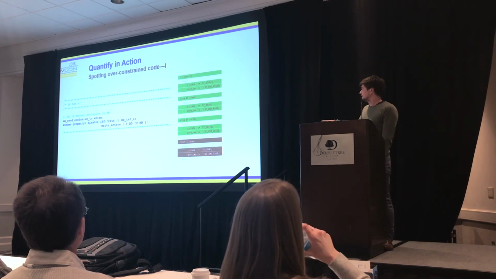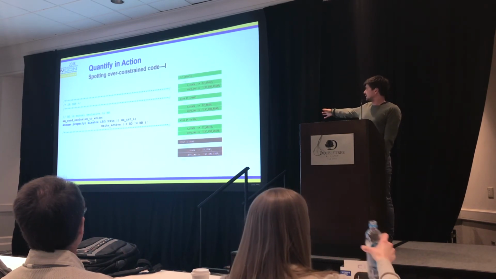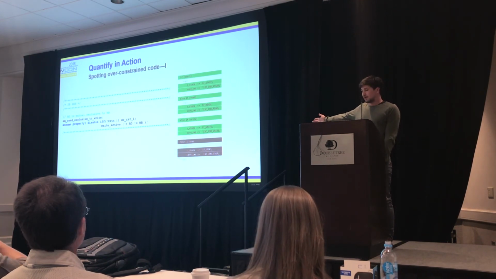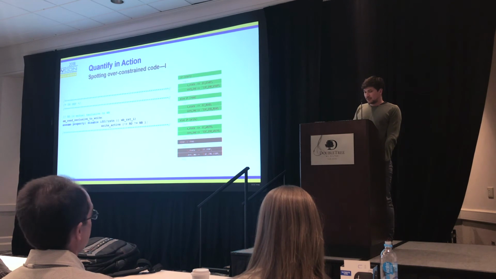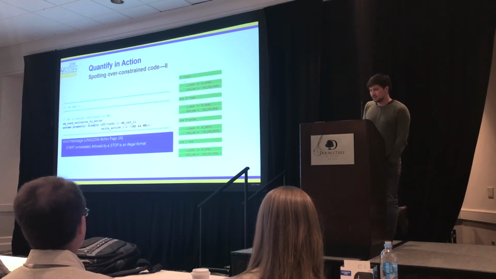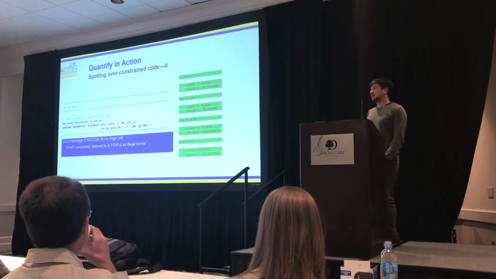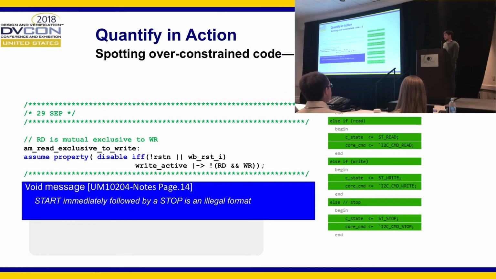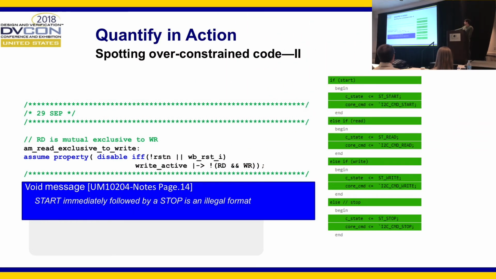You run it, and you have some checks, and the assertions were holding. But when you run Quantify, you see that you cannot reach some code, so you are introducing over-constrained code, and you start to investigate. You come back to your assertion and see that read and write cannot be set at the same time, but they can be left unset at the same time. You modify your assumption, and the over-constrained code you introduced is now covered.